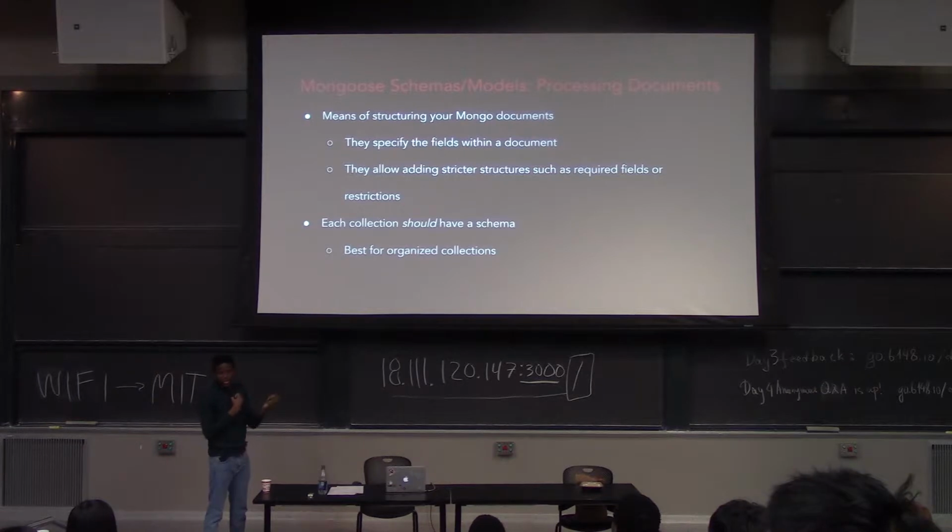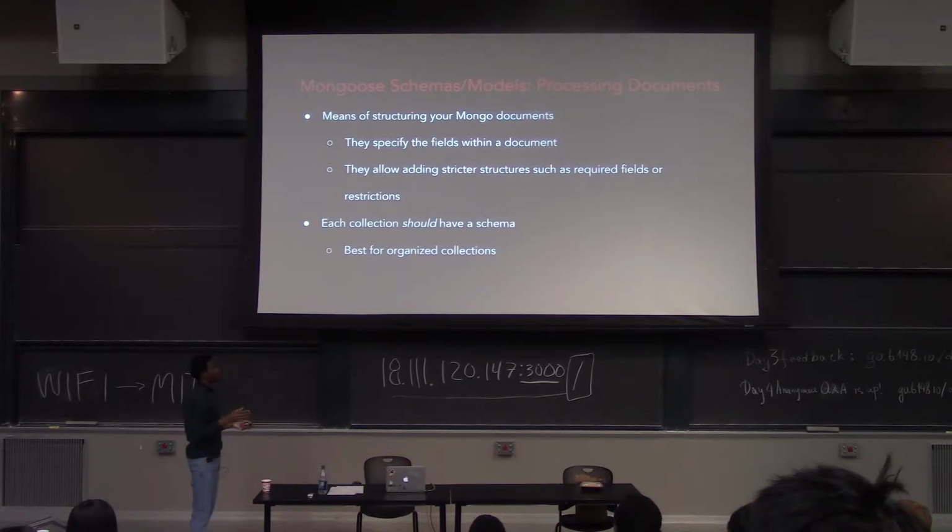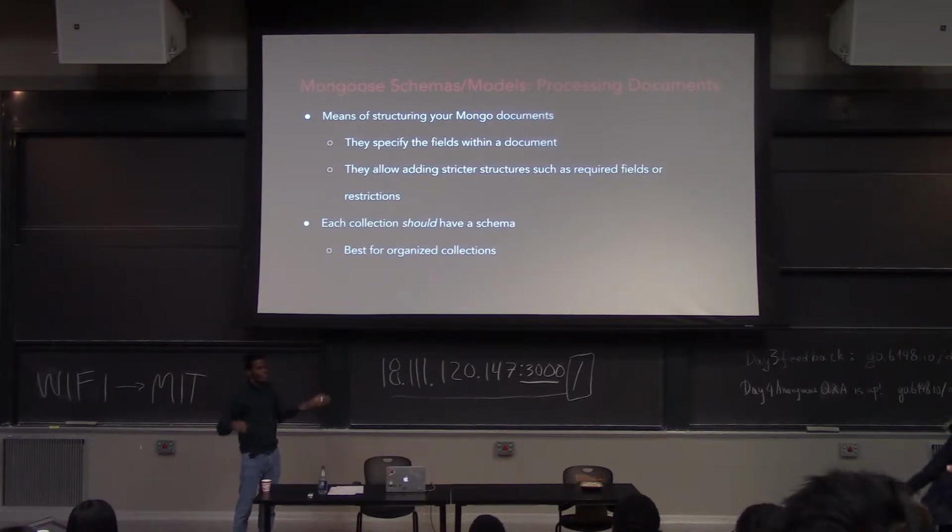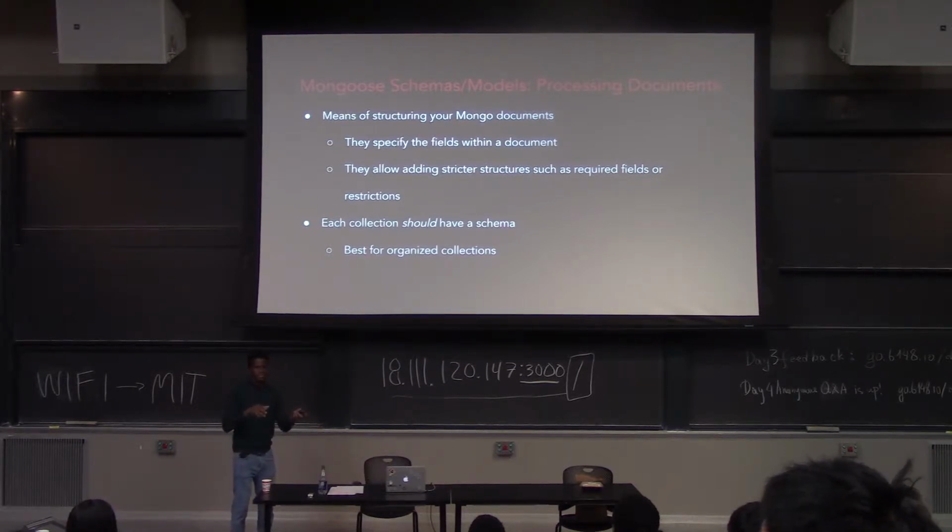It allows you to have a stricter structure for your data. The other thing is that each collection in your database needs to have a schema. Remember when I said each collection should have similar stuff? This schema is what tells the collection, I want my data to look like this.